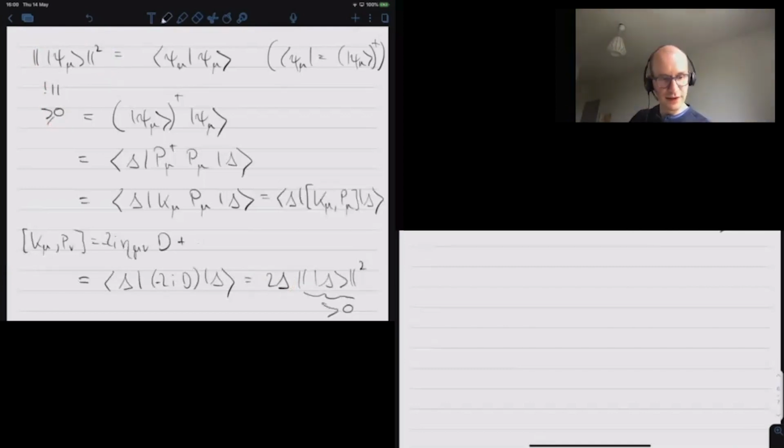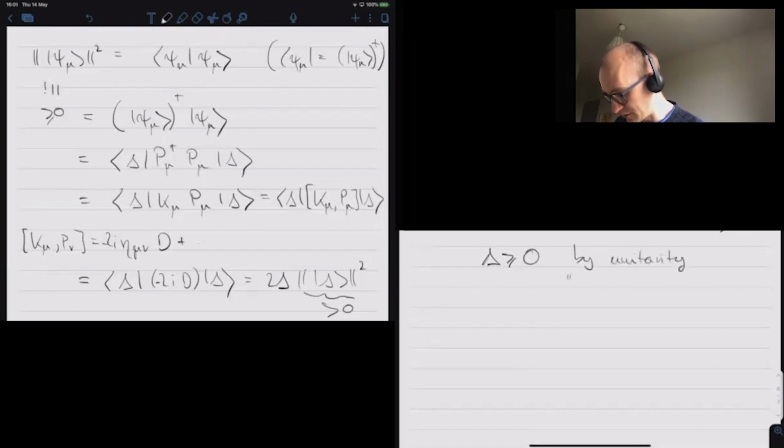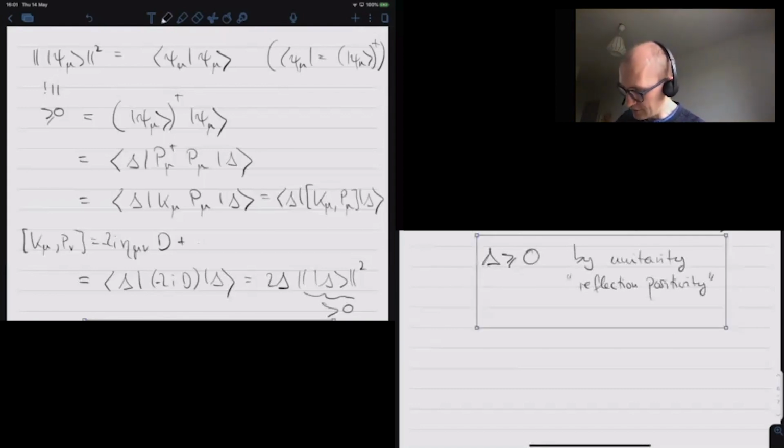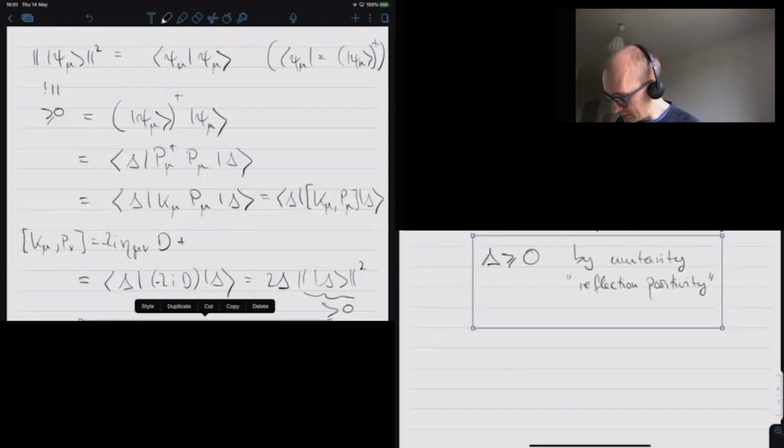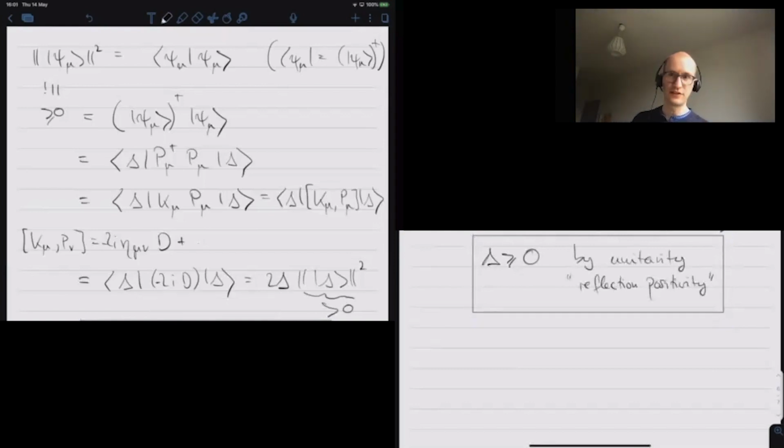So therefore, delta better be non-negative, by unitarity, or if you want, reflection positivity. So this shows us that in this theory that is unitary in Lorentzian signature, or reflection positive in Euclidean signature, the conformal dimensions are in fact bounded below by 0.